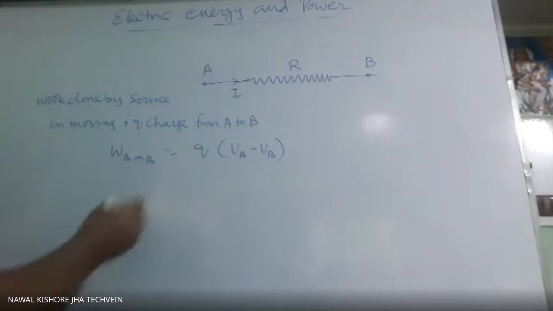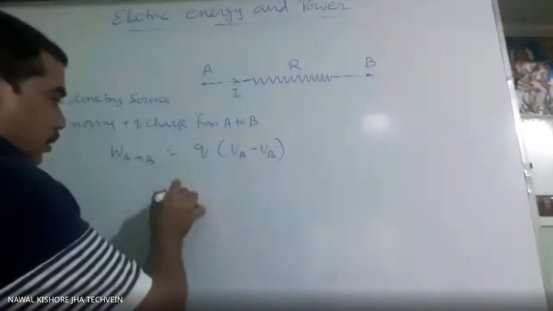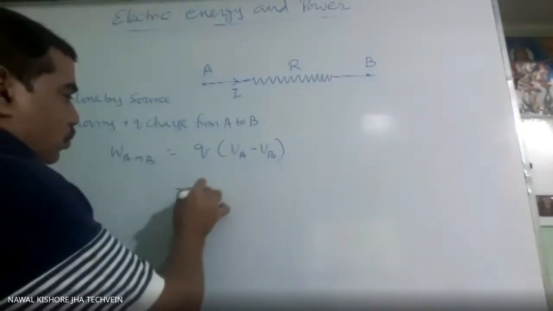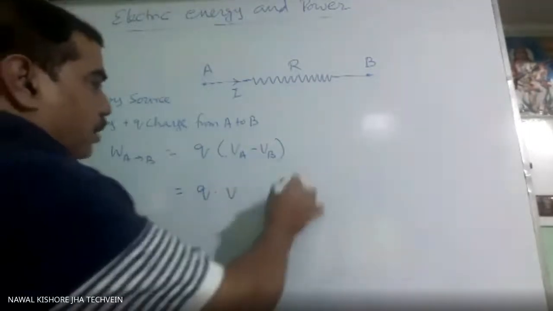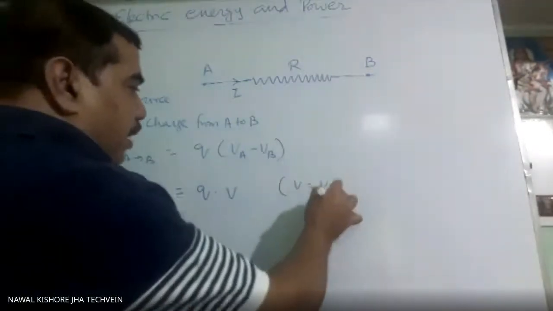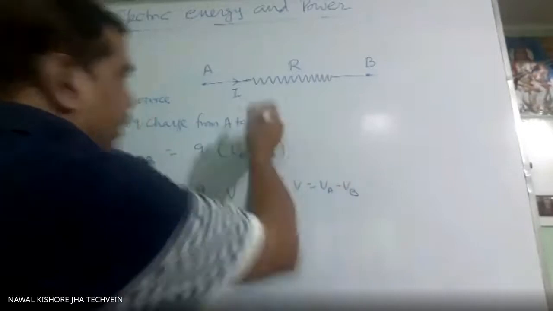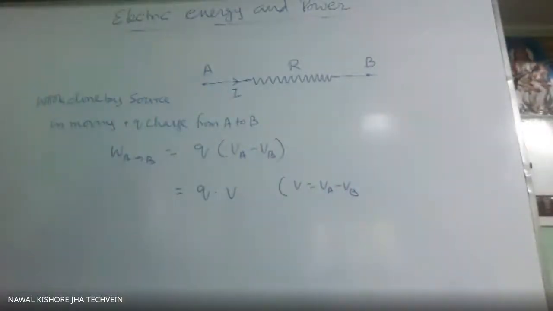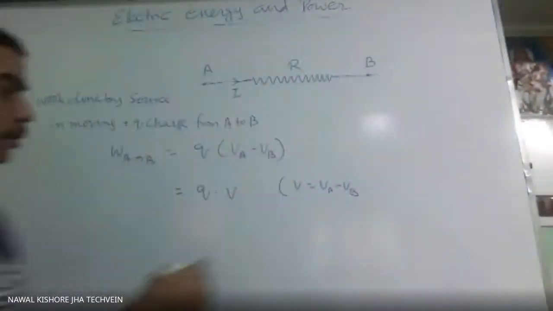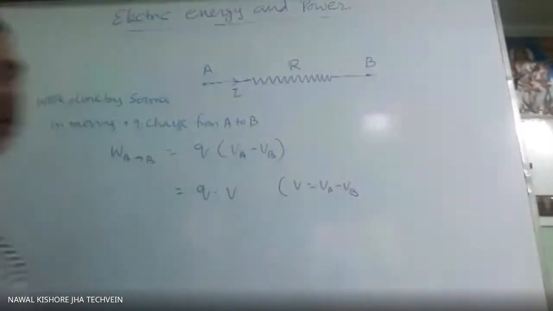Now this work done is Q into V, where V is VA minus VB, the potential difference between A and B. Now if current I is passed, what is the relation between I and Q?